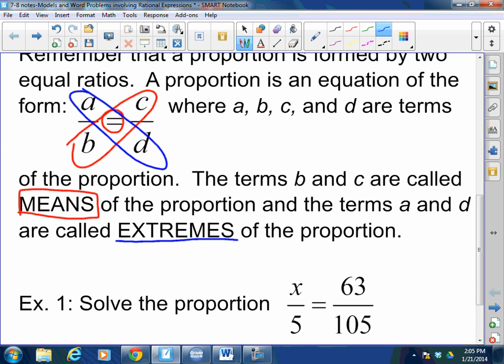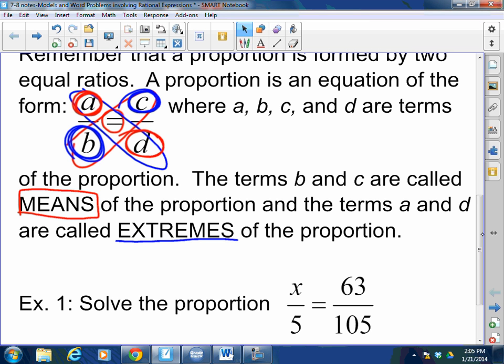But just remember, if they're talking about means and extremes, they're talking about a proportion. The means are the denominator of the first fraction and the numerator of the second fraction. The extremes are the numerator of the first fraction and the denominator of the second fraction. That's all you have to know about means and extremes for now.